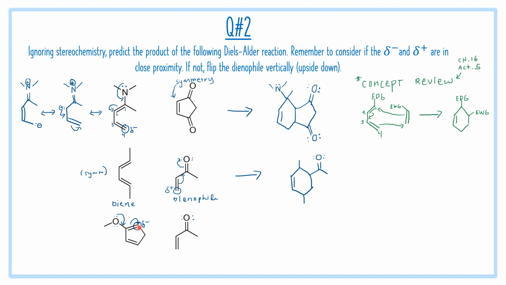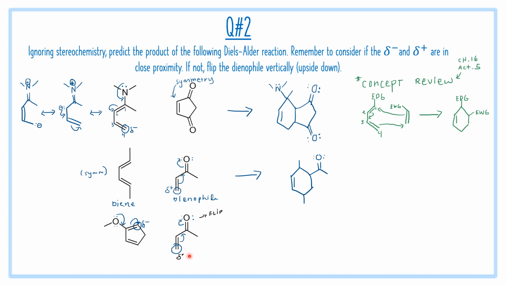This will bear the partial negative charge, so it's going to be the most electron dense in the diene. Dienophile, same exact pattern as the previous pair of molecules. So this one over here has the partial positive charge, the least electron dense.